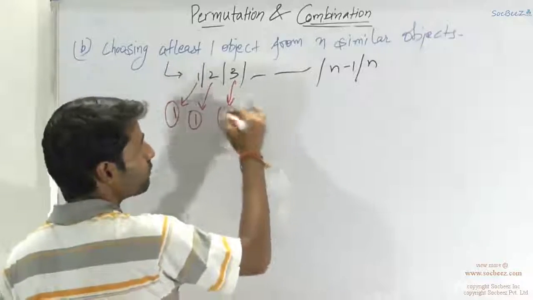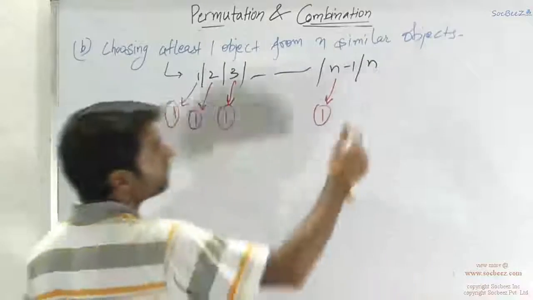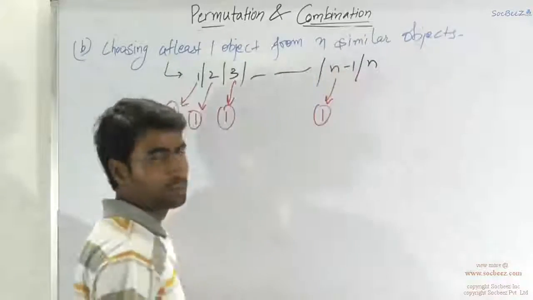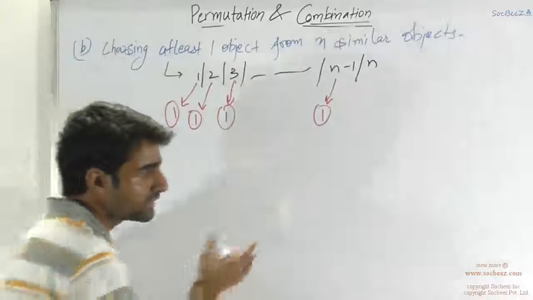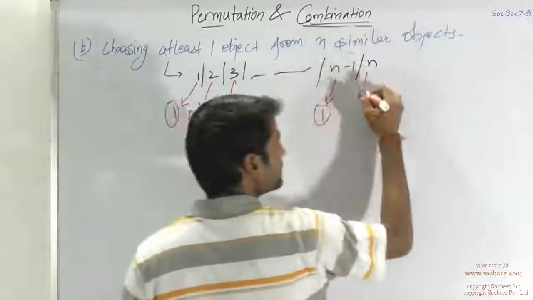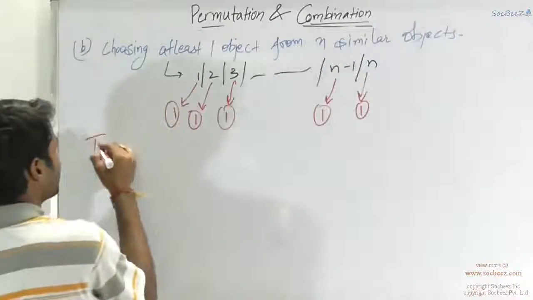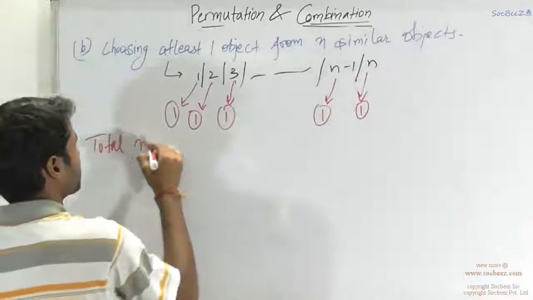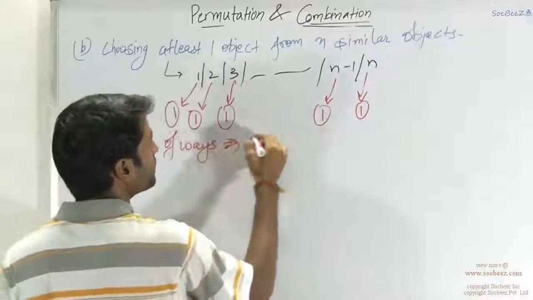Similarly for 3. For any case you have just one way to select. You choose any random n minus 1, or any say 3 balls. You can't differentiate in two cases because they are all identical. So there is only one way to select in each of these cases. So there are n such cases. The total number of ways is equal to n.